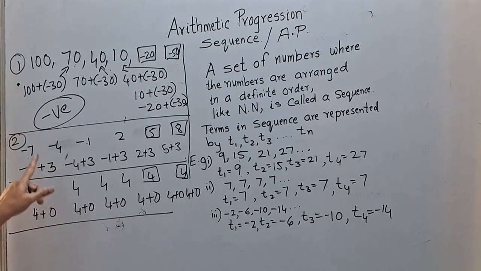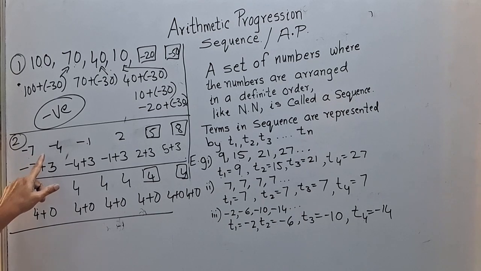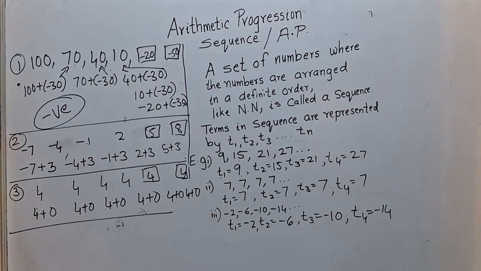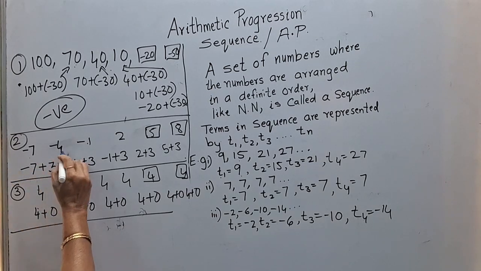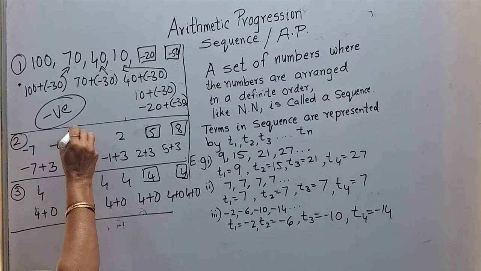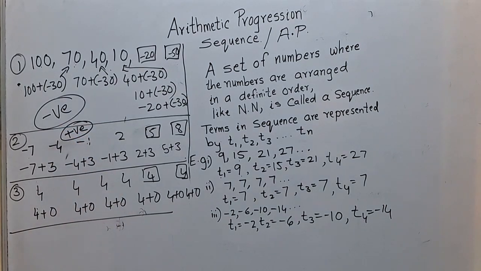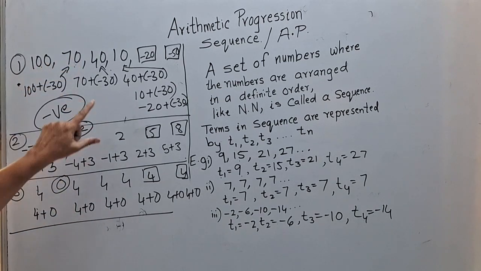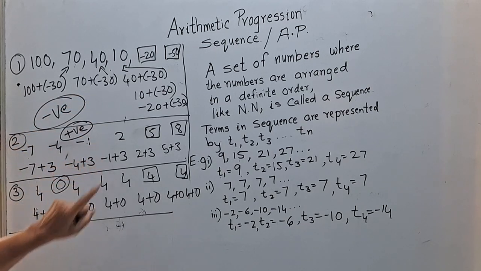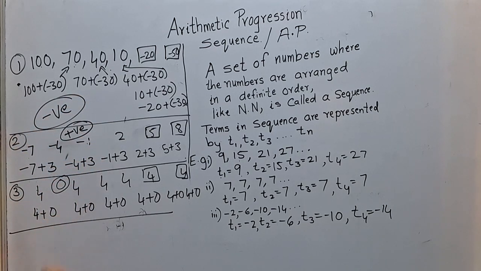Here, minus 7 plus 3 gives minus 4, so here it is a positive number. And here it is 0. So in the first example you are adding a negative number, here a positive number, and here 0.